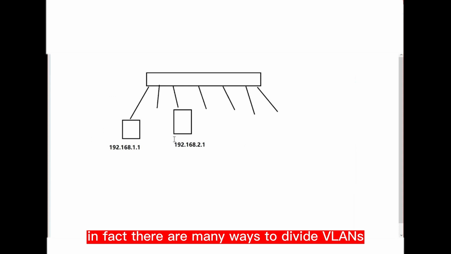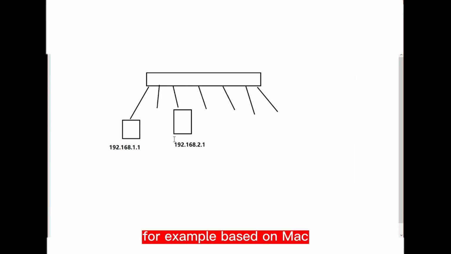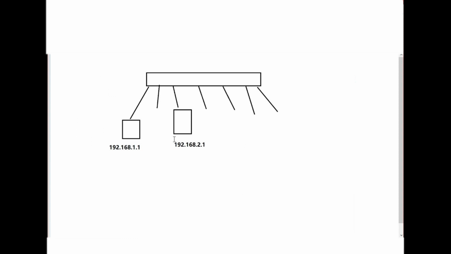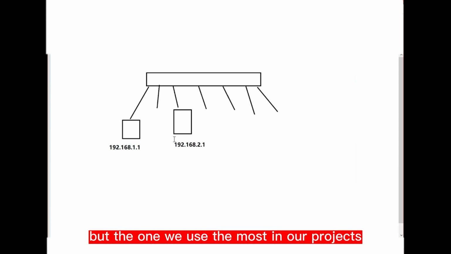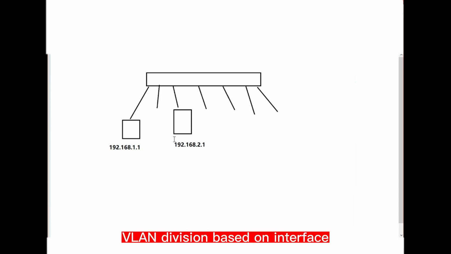In fact, there are many ways to divide VLANs. For example, based on MAC, even IP-based, including policy-based. But the one we use the most in our projects is VLAN division based on interface.